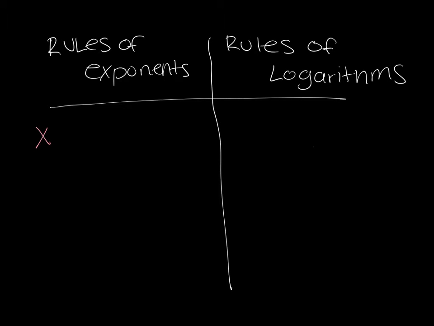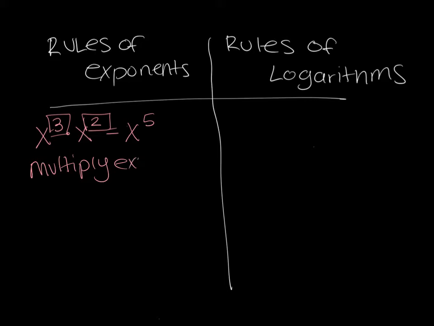When we multiply exponents, so for example, x cubed times x squared, what do we do with the degrees? Well, every time we multiply exponents, we have to add the degrees. So we have x cubed times x squared. So adding the degrees becomes x to the fifth. So in general, we would say when we multiply exponents, we add the degrees.